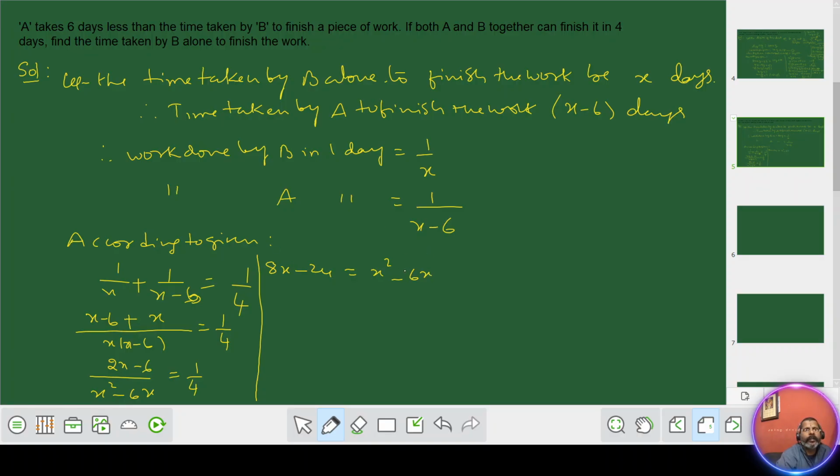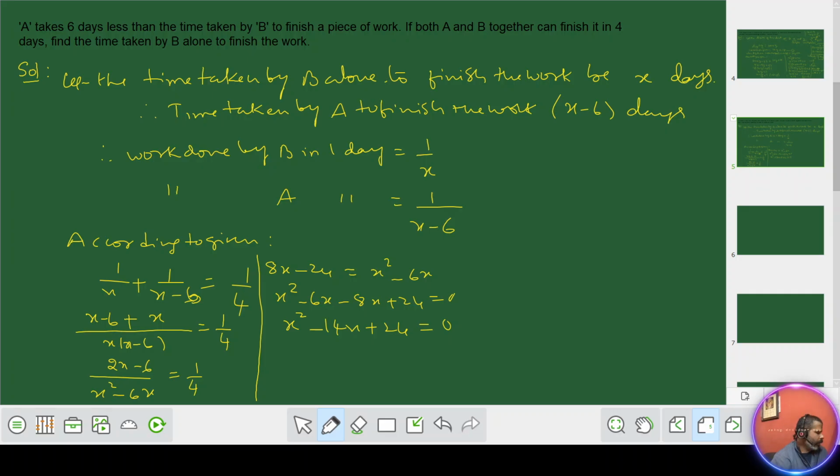I'll take the left hand side to the right hand side. So the equation becomes x square minus 6x minus 8x plus 24 equal to 0. On solving, x square minus 14x plus 24 is equal to 0.